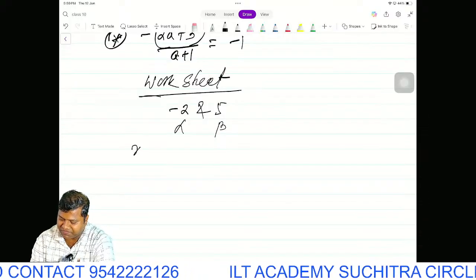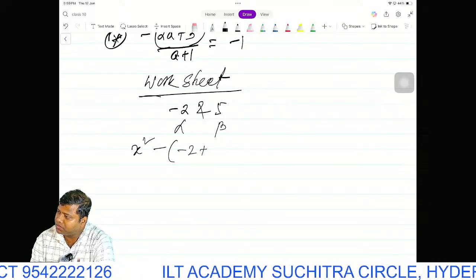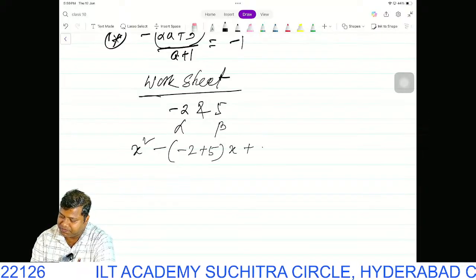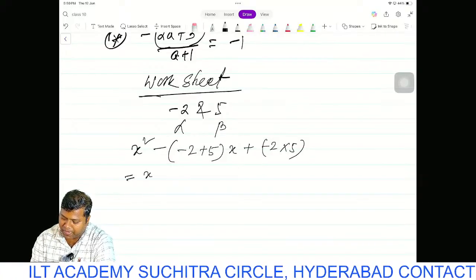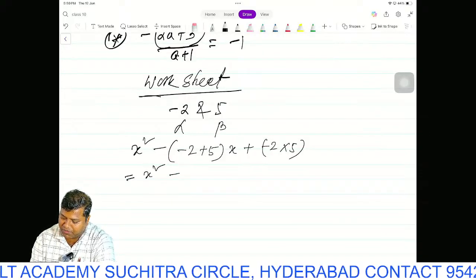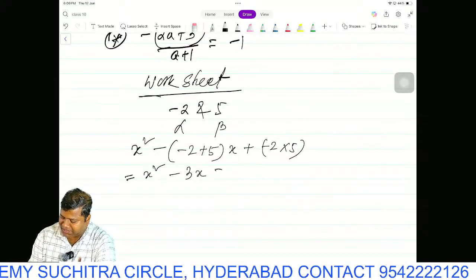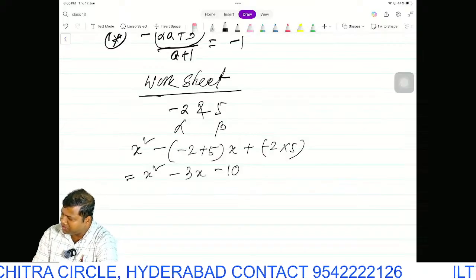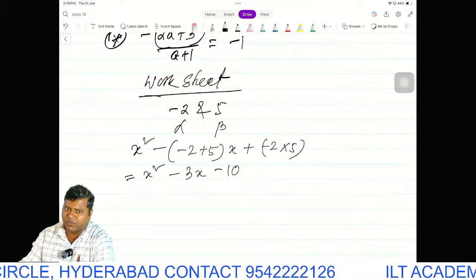X square minus alpha, that is minus 2, beta, that is plus 5 times x plus, so that means x square minus 3x minus 10. So that means what? This is one polynomial whose zeros are minus 2 and 5.